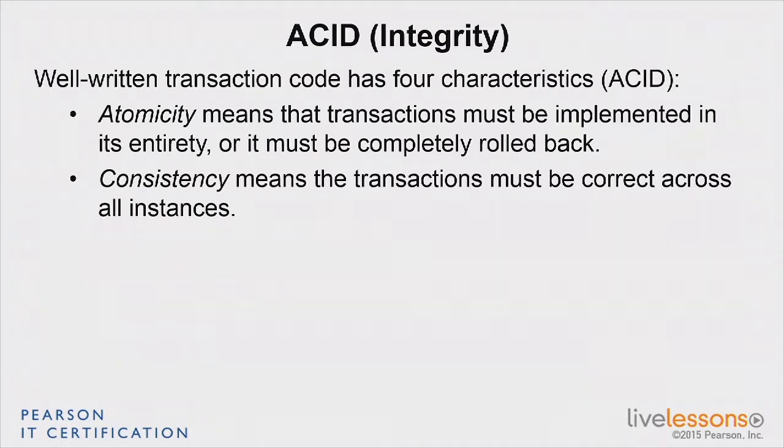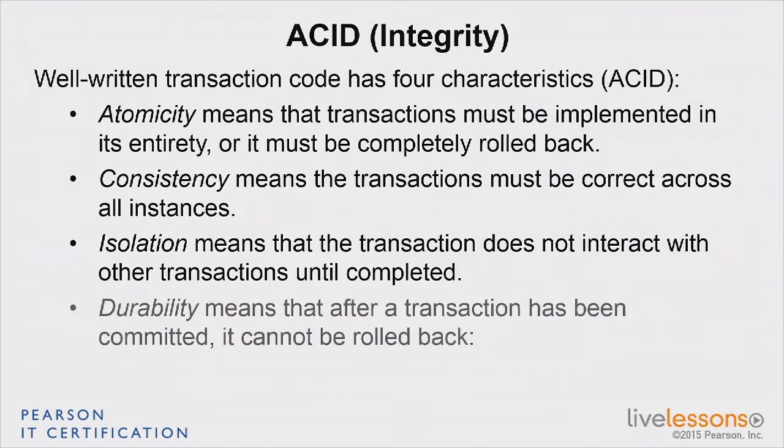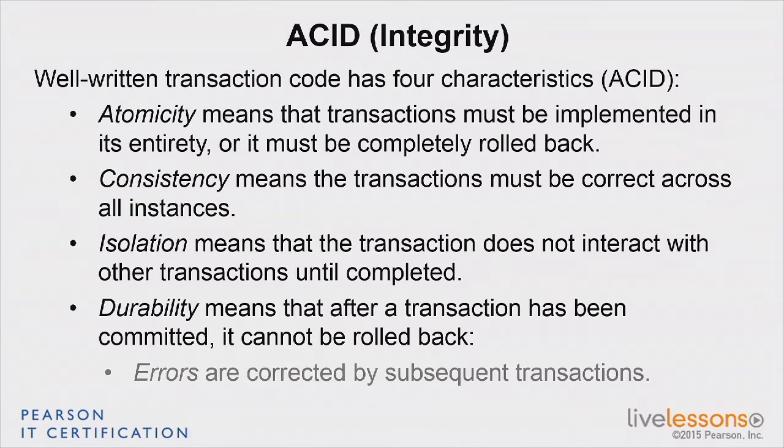So if we have multiple databases involved, the transaction has to be correct across all of the instances. The I is isolation, meaning the transaction does not interact with any other transactions until it's completed. The D is durability, meaning that after a transaction has been committed, it cannot be rolled back. Now, if there's a problem with the transaction or an error, errors need to be corrected by subsequent transactions, because once it's been committed, it can't be rolled back.